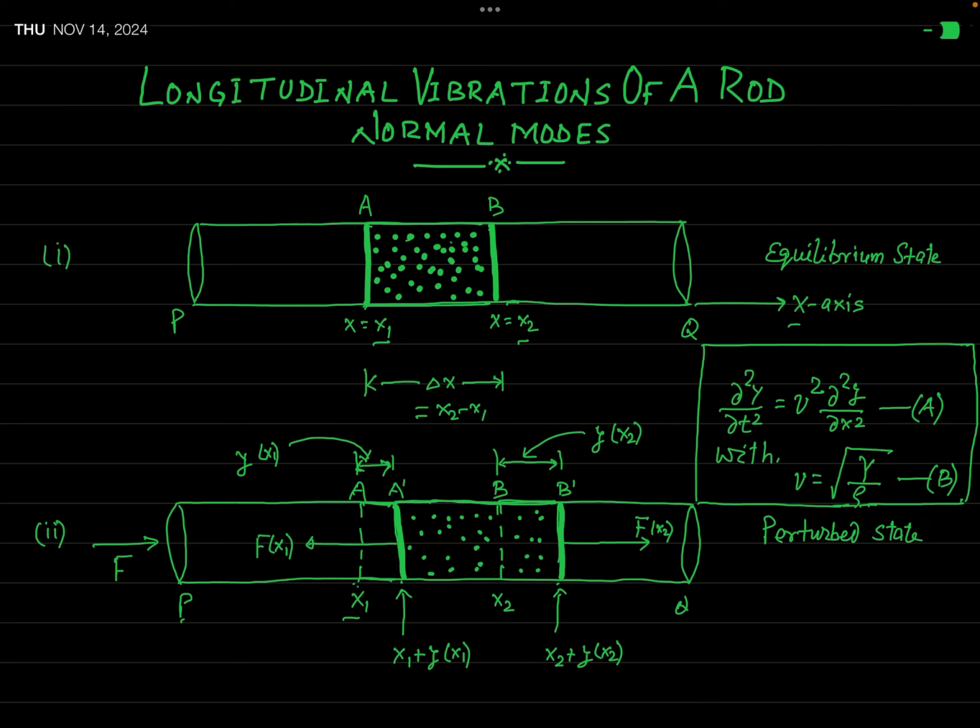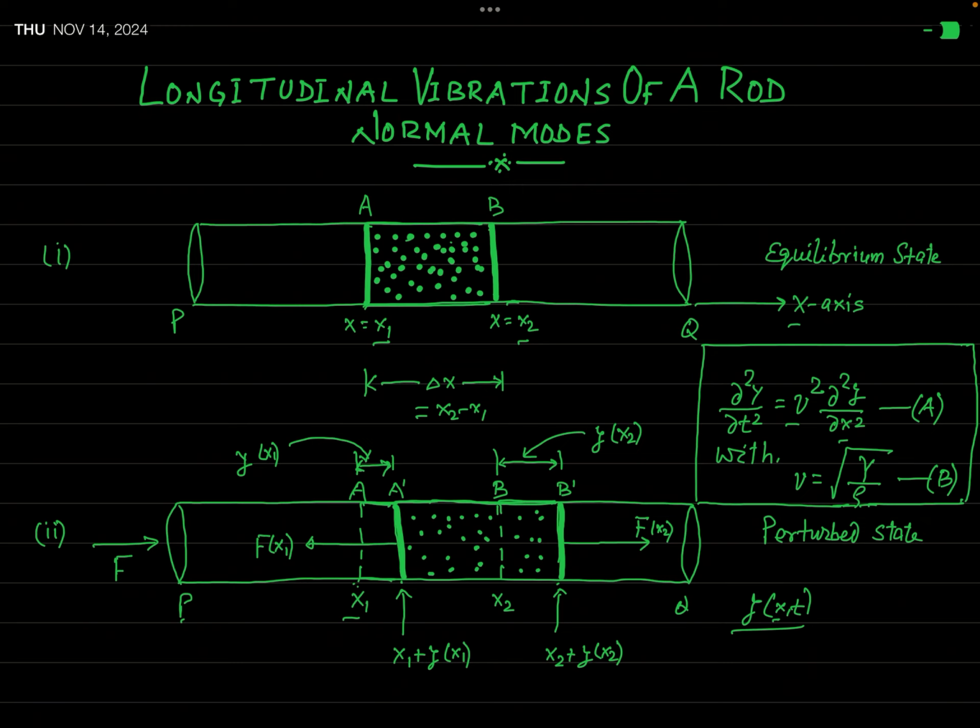This is del 2y by del t square equal to v square times del 2y by del x square. Here actually, this y of x,t is the displacement of a particle of this rod at any moment t situated at point x equal to x. Okay?